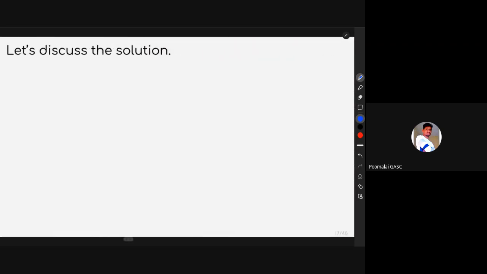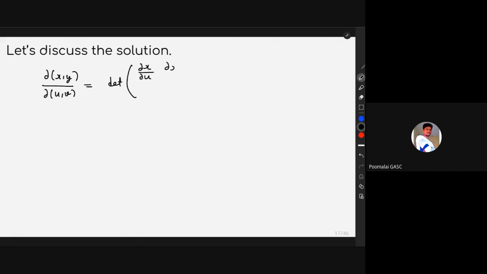So let me first write the formula for the Jacobian xy: the determinant of partial x by partial u, partial x by partial v, partial y by partial u, partial y by partial v.